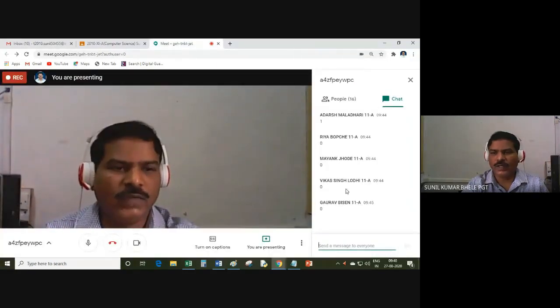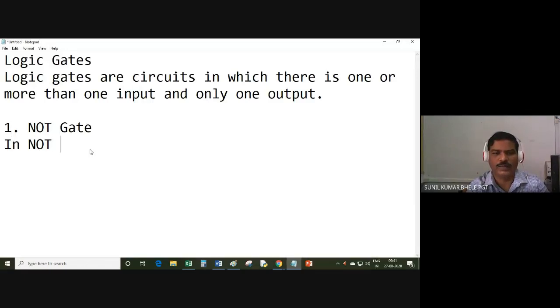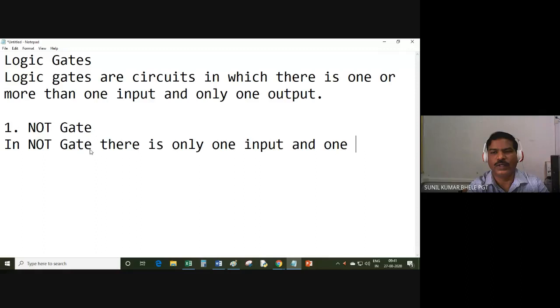So Riya, Mayank, Vikas and Gaurav are typing 0. You are correct if the input is 1. So write down: in a NOT gate, there is only one input and one output.